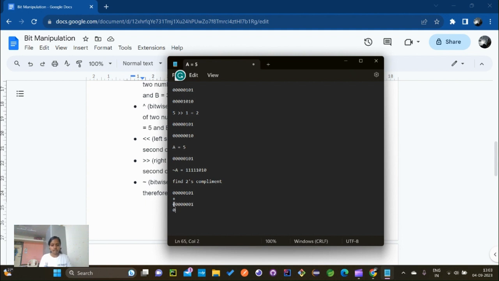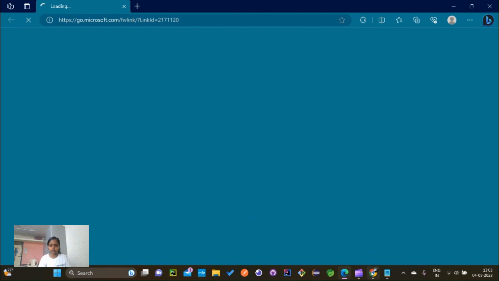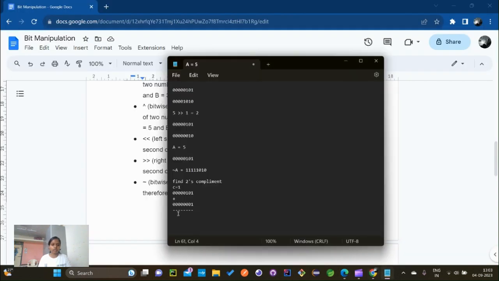So we are adding 1 to it. 1 plus 1 is 2, and we represent 2 in binary as 1 0. So we write the 0 here and carry 1. Again this carry plus this: 0 plus 0 is 0, plus 1 is 1.